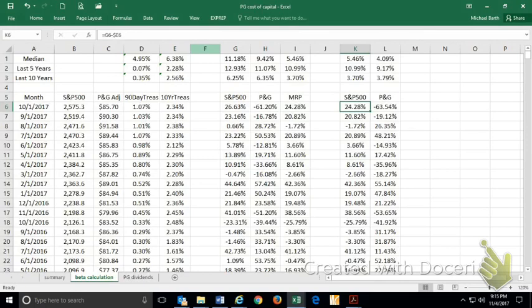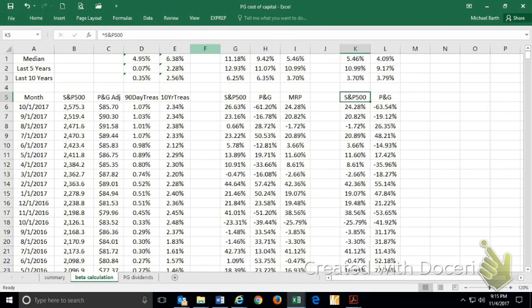Some people use the short end, some people use the 30-year. So subtracting that out, I have the market risk premium for the stock market and for Procter & Gamble. Procter & Gamble's is lower over the entire period. It's lower over the most recent 5 years. It's right around the same for the last 10 years.